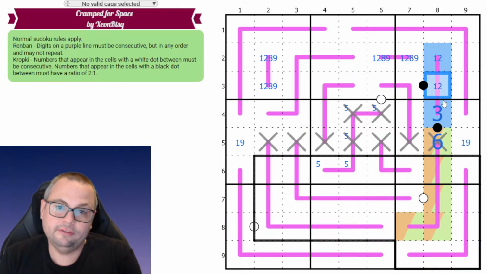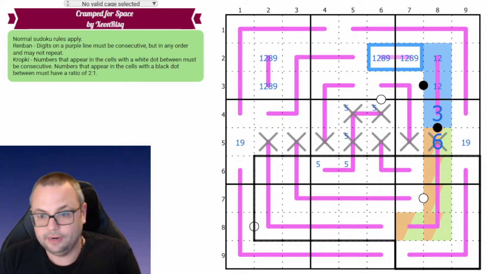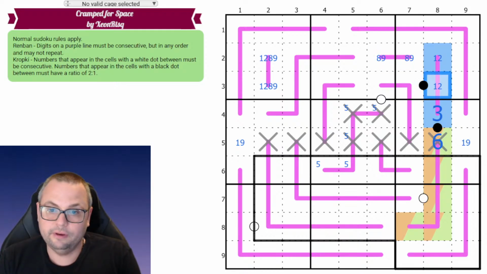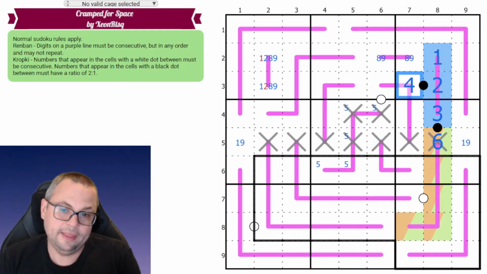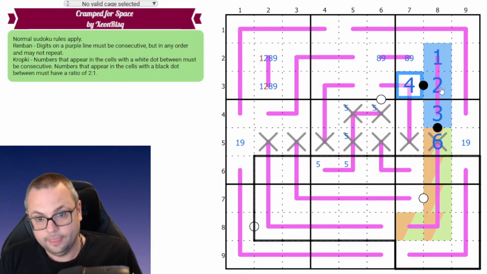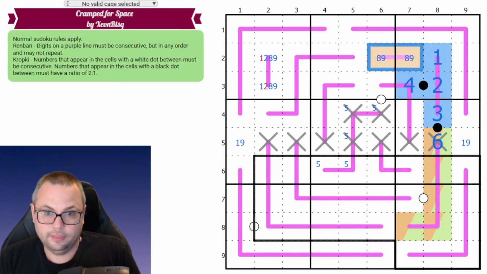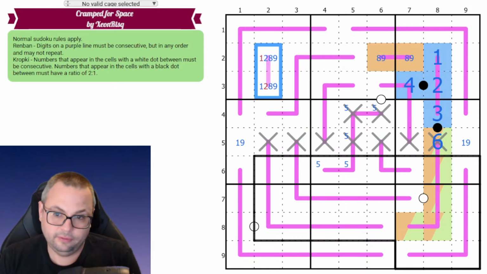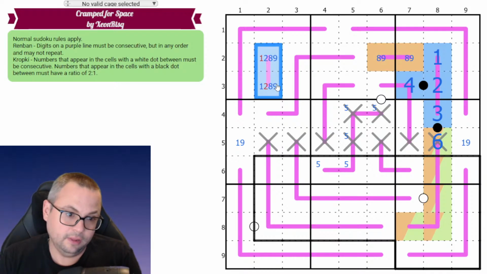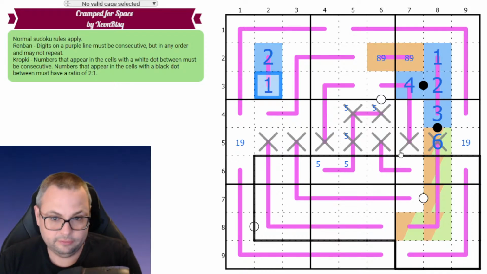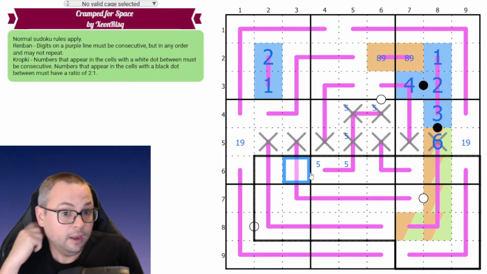Okay, so now this is a 1, 2 pair. So now these are an 8, 9 pair, but also that's the 2 and that's the 1 and that's the 4 over there. And now these aren't high, they're low. So that's the 2 and that's the 1 over there.